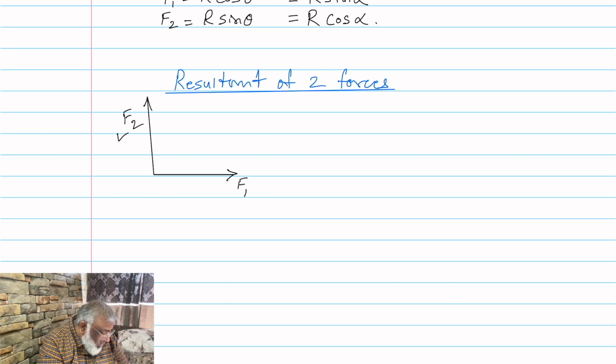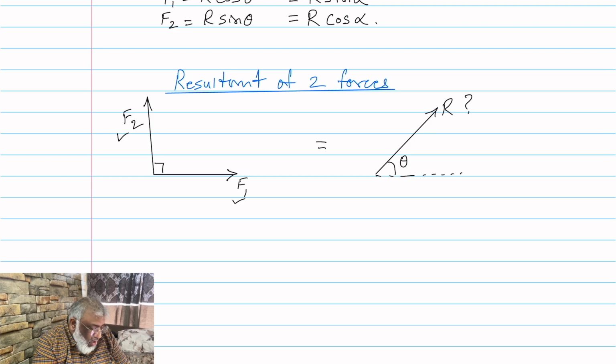These two forces are given to us and their angles are 0 and 90, since it's a horizontal and vertical, so they are perpendicular to each other. We have to find out the combination of these two, that is the resultant force of these two, what will be the value of it and what will be its angle with the horizontal.